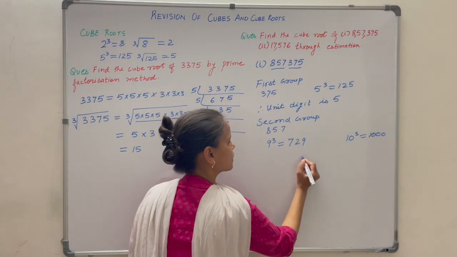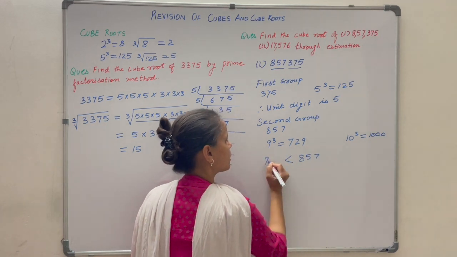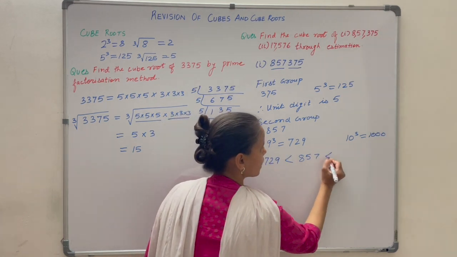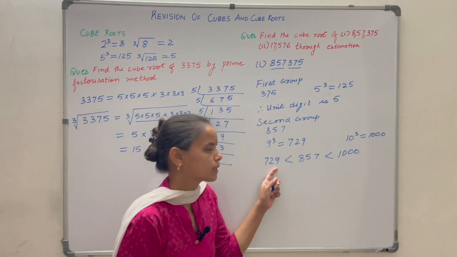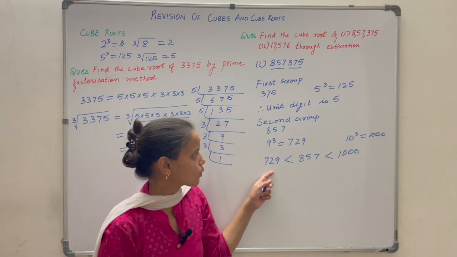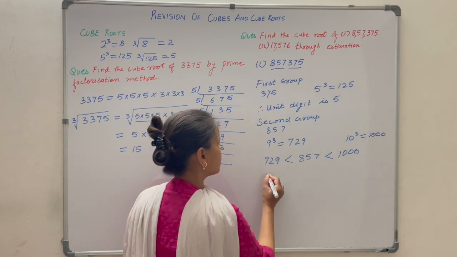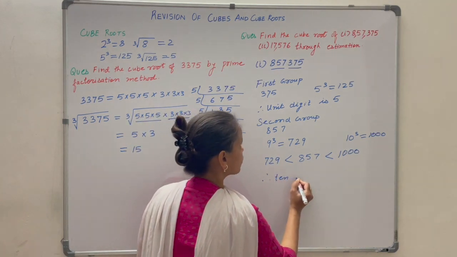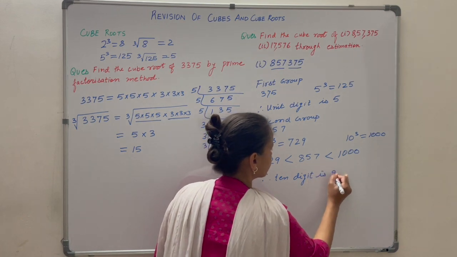So friends, clearly see 857 is greater than 729 but less than 1000. So 729 is lesser than 1000, and 729 is a perfect cube of 9. Therefore the tens digit of the cube root number is 9.